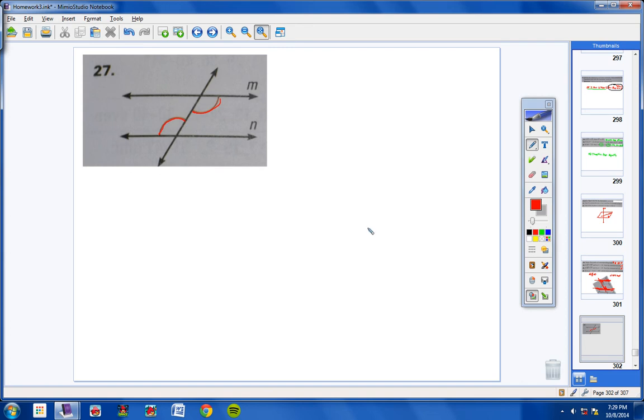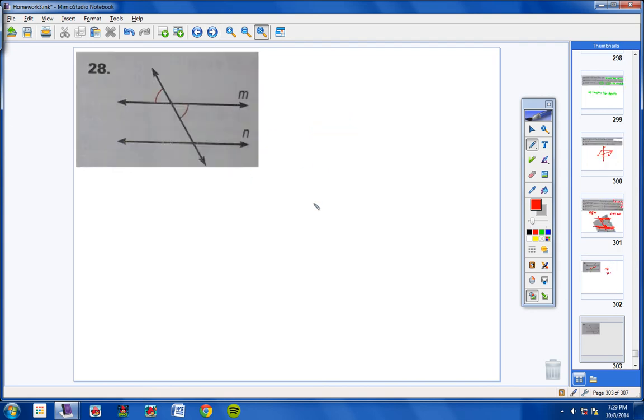Those are called alternate interior angles, and we know that when two lines are intersected by a transversal in such a way that the alternate interior angles are congruent, then we know for sure that the two lines are parallel. So yes, we definitely have enough information to state that M is parallel to N. Yes, we have enough information. Why? Because alternate interior angles are congruent.